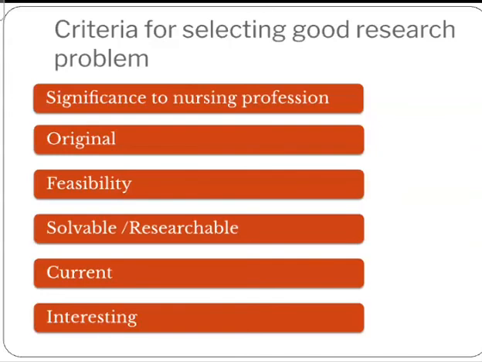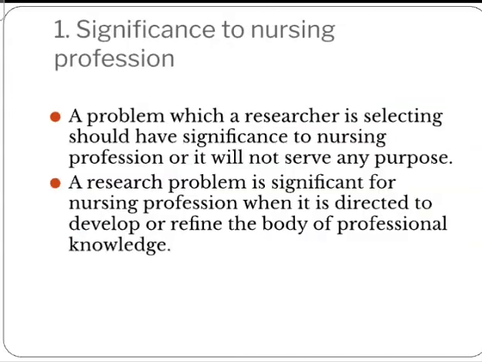The first important criterion is significance to the nursing profession. As we are in the nursing field, you should see whether the research you do is according to your discipline. If you are an engineering student, you should make sure that you are doing research related to engineering.